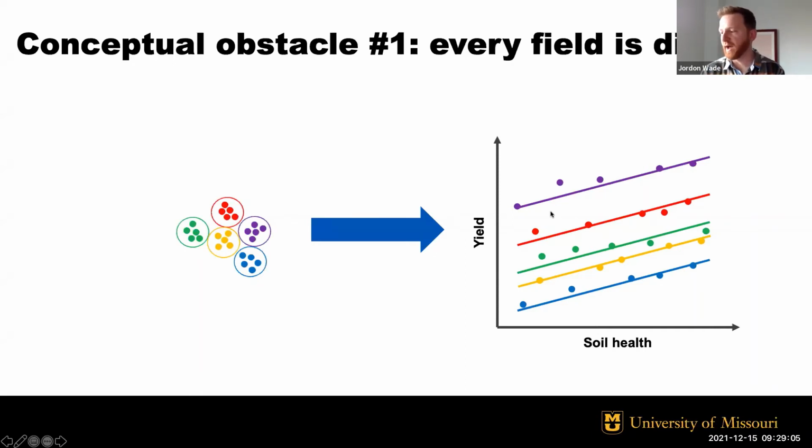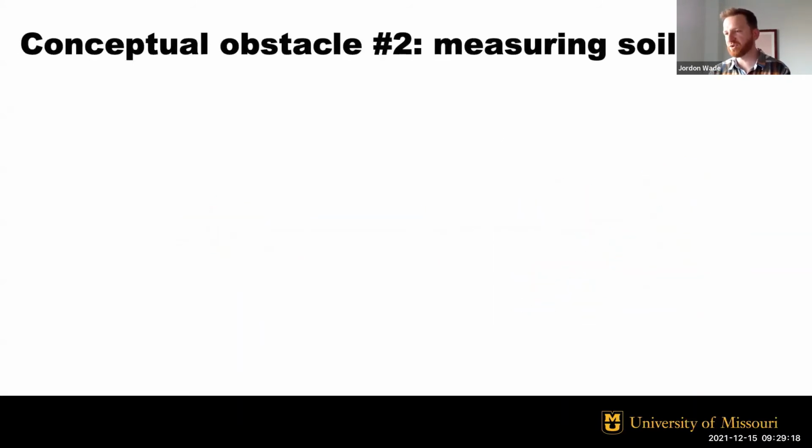Now, of course, not every field starts at the same level of soil health, right? Soil types are different, and they have different changes in management history. So this kind of brings us to our second obstacle that we really had to confront here, which is how can we measure soil health in a way that's fair?